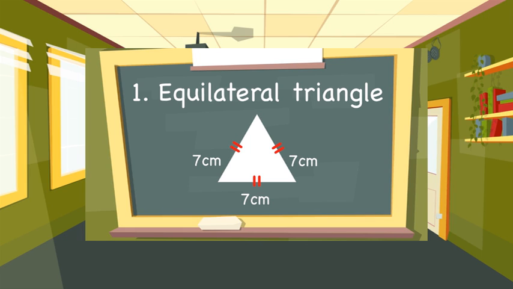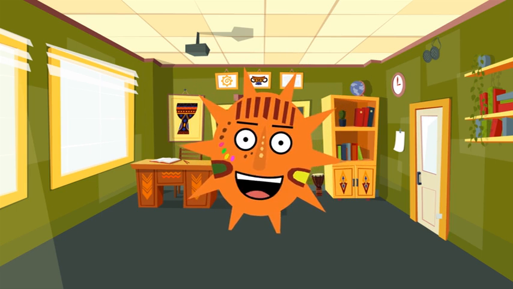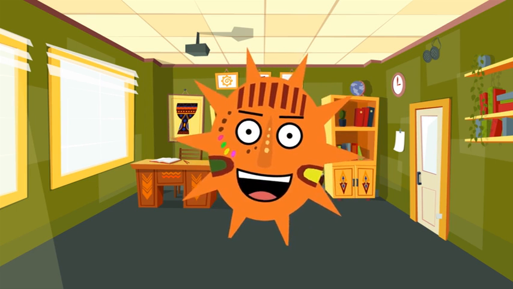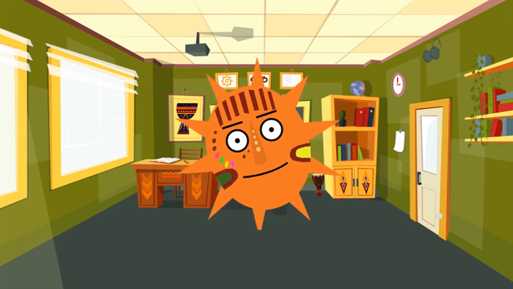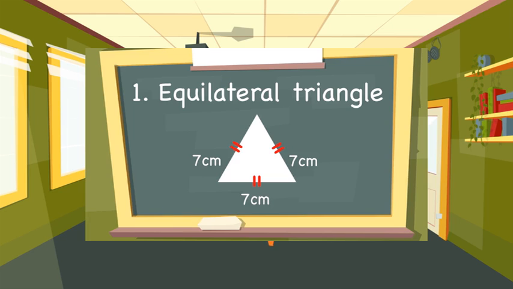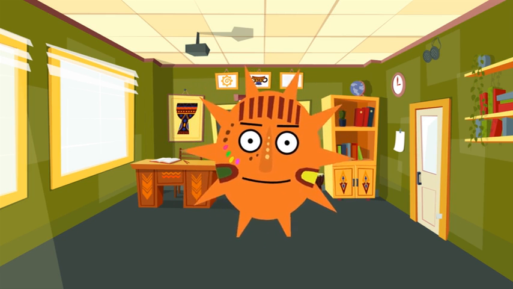The other characteristic of an equilateral triangle is that the 3 interior angles. We are going to have a lesson later in the term on angles, but the 3 interior angles of an equilateral triangle are all equal. The interior angles of all triangles should give a total of 180 degrees.